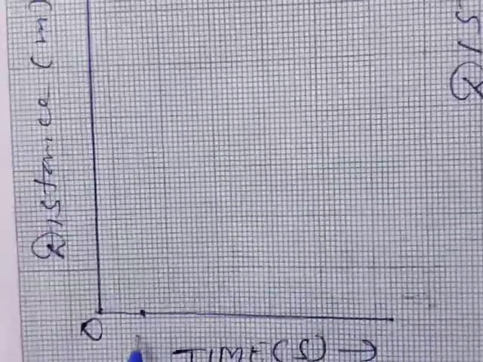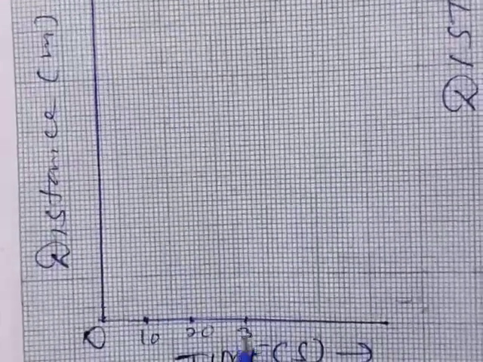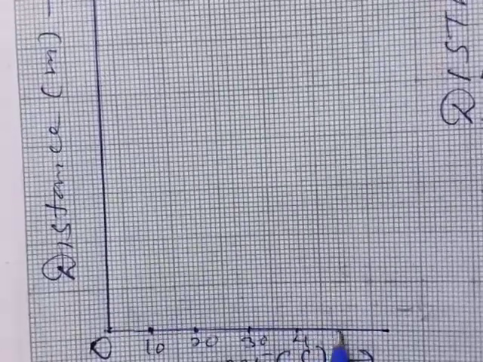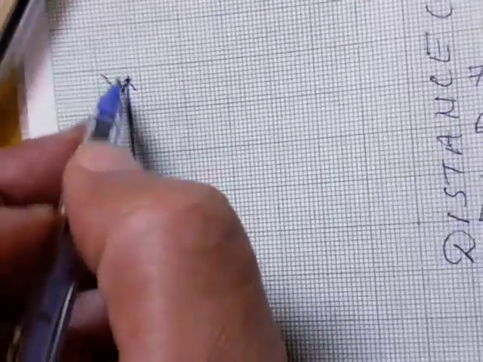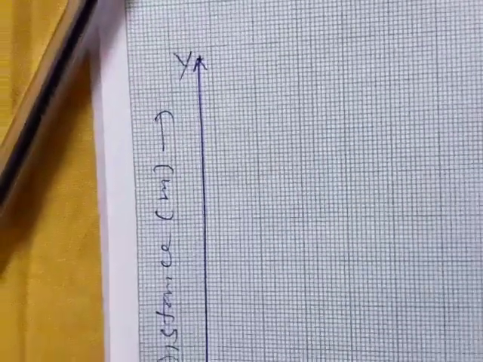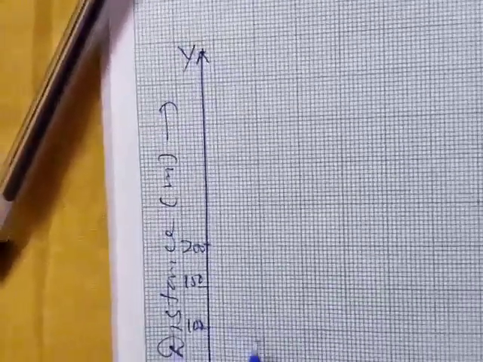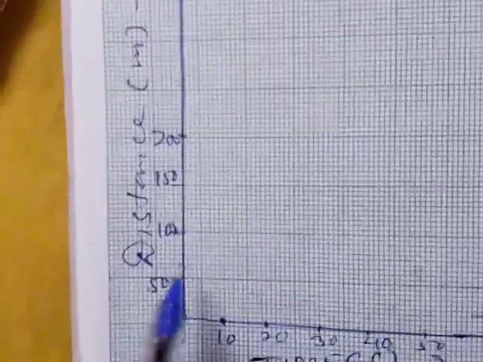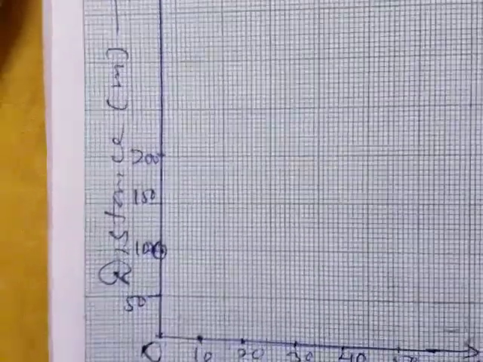Let us suppose the time is 0, 10, 20, 30, 40, 50, like that. This is the x-axis and this one is the y-axis. On the y-axis it is suppose 50, 100, 150, 200. Suppose our car is 100 meter away from us at the starting time. So our starting position is 100.